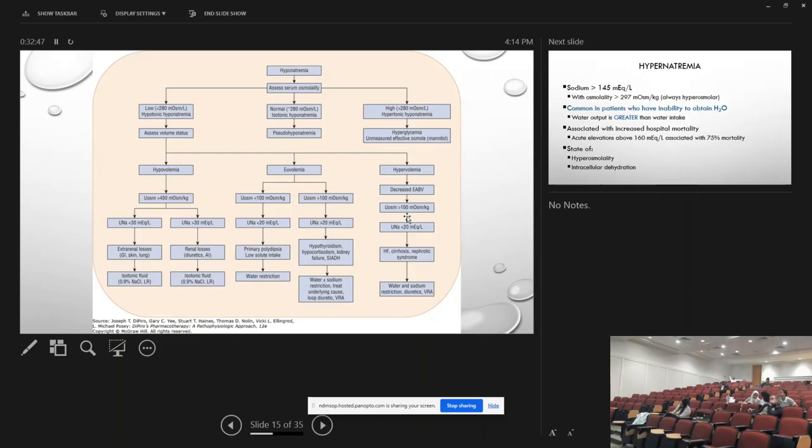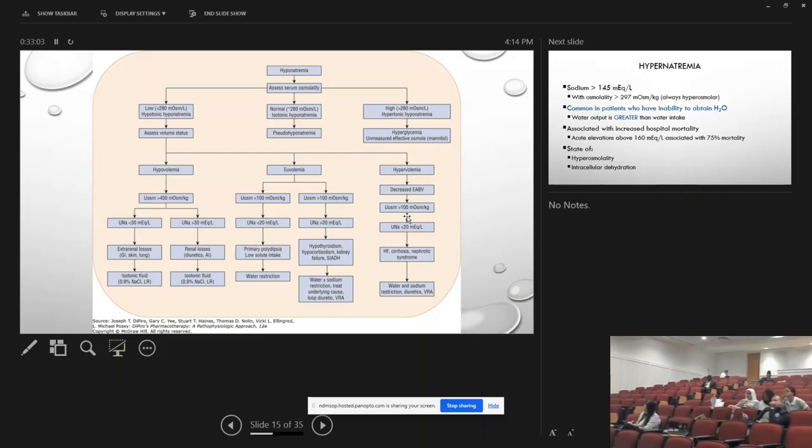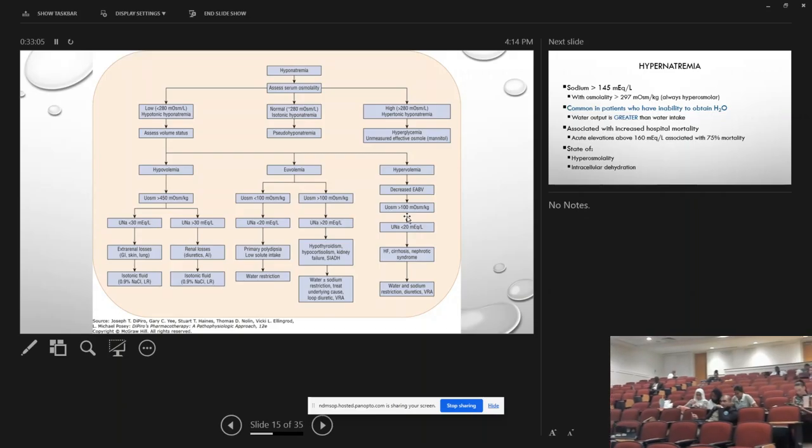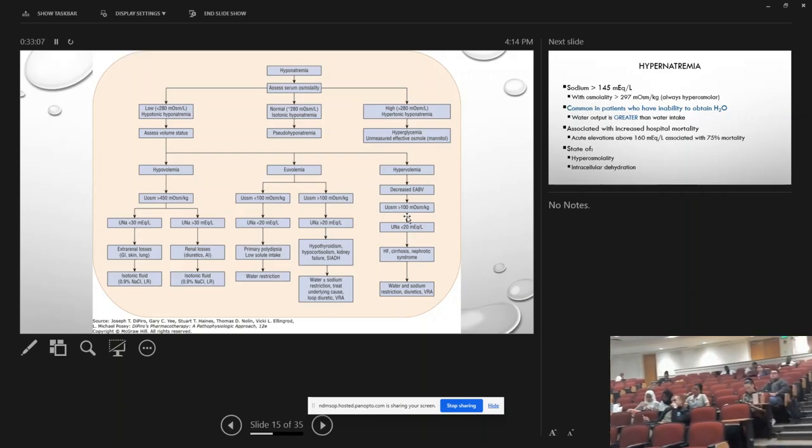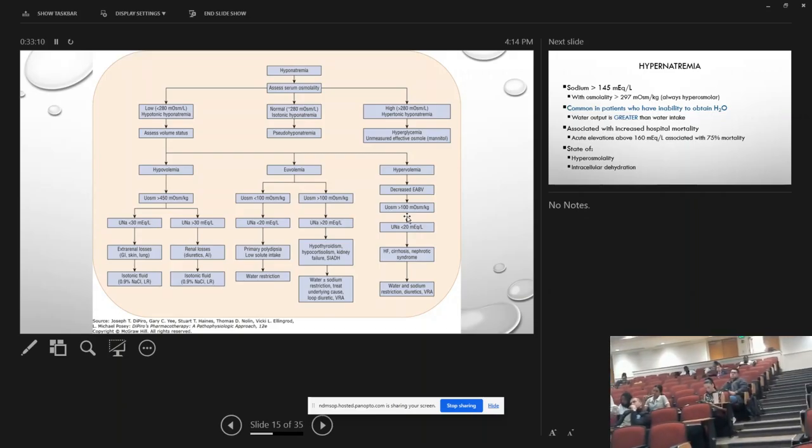Some type of defect, kidney disease, etc., or SIADH. So there you're going to do water and sodium restriction, and in the hypervolemic, you'll do water and sodium restriction as well. So just a nice summary of the treatment there.